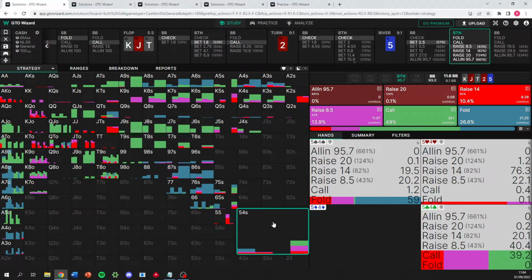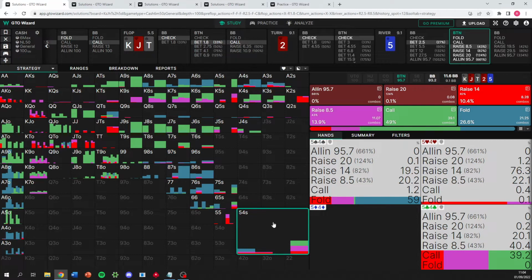So having a 5 is a pretty decent card to have, because we do block value, but we're also never really going to block bluffs, right? He's not going to bluff with a 5 himself. So having a 5 is a pretty decent card.